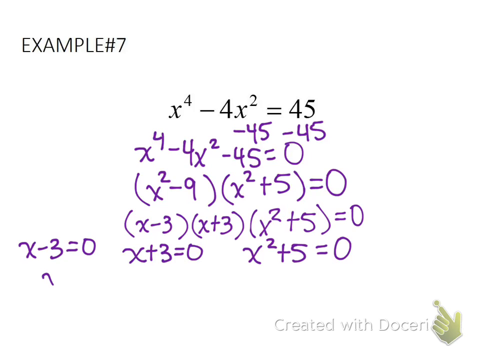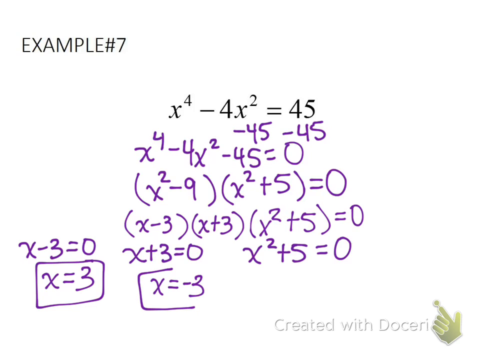We add 3 to both sides. X equals 3. What about the next one? Logan? X plus 3 equals 0. Beautiful. We subtract 3 from both sides, we get x equals negative 3. So we can go ahead and box both of these in. These are 2 of our answers.